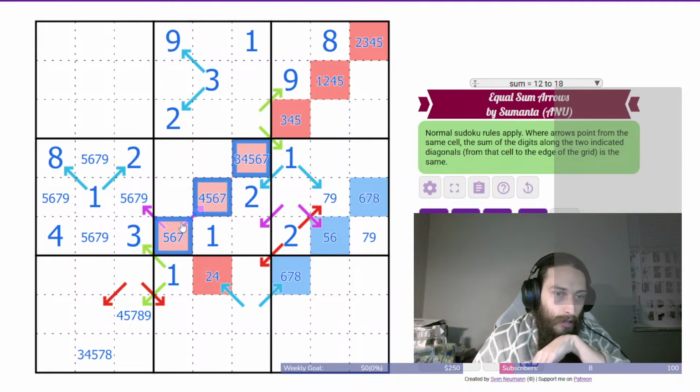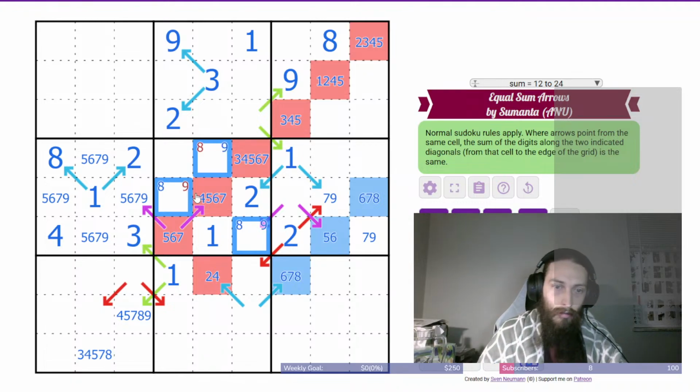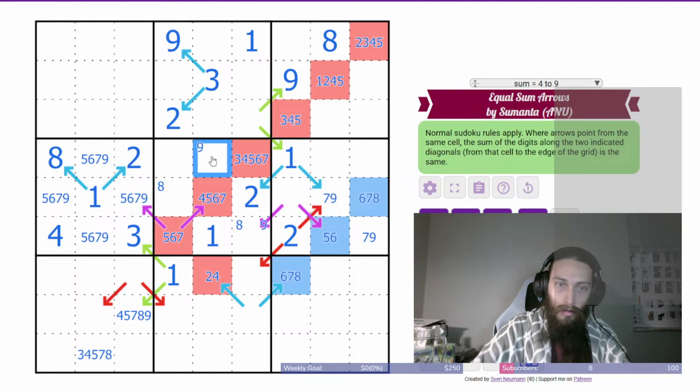I can't put 8 or 9 on these, so that puts 9 in one of those two positions and 8 in one of these two positions. 8 and 9, where this isn't a 9 and that's not an 8.